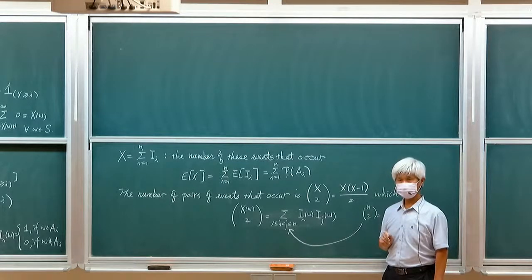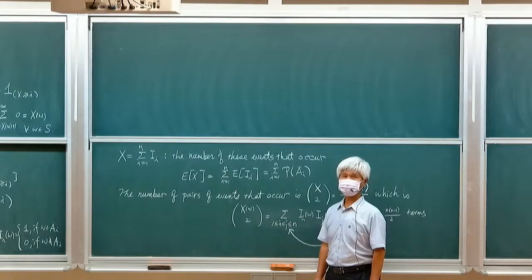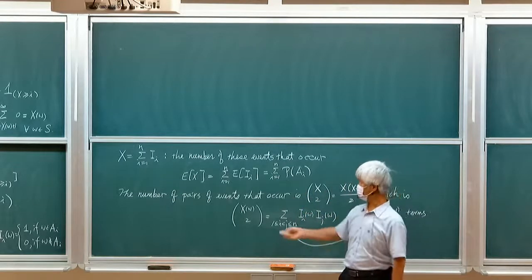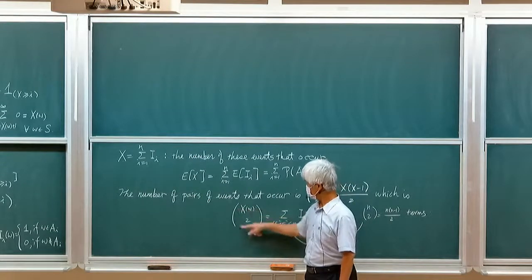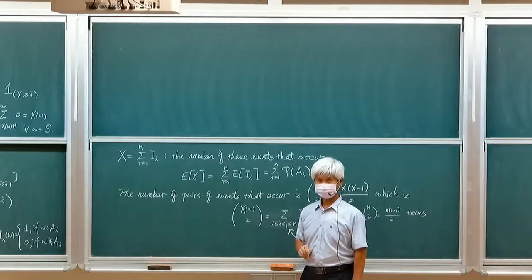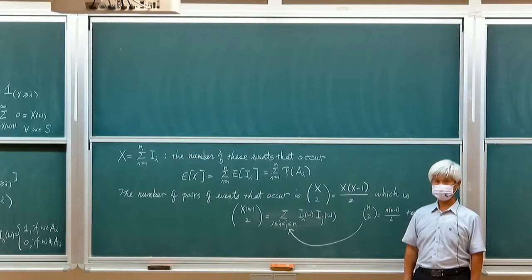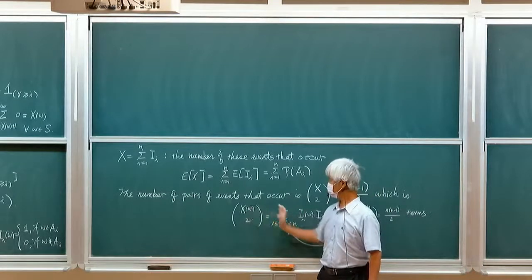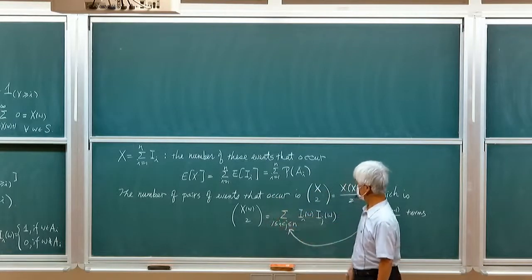And this is exactly this number, because this is the total number of events that occur when we observe omega, and so there is this number of pairs of events occurring simultaneously. Any questions? So there are two different ways to think about the same number.